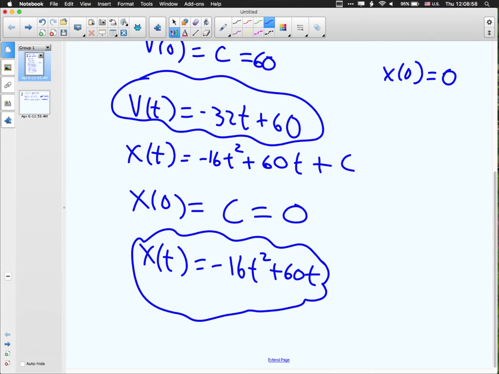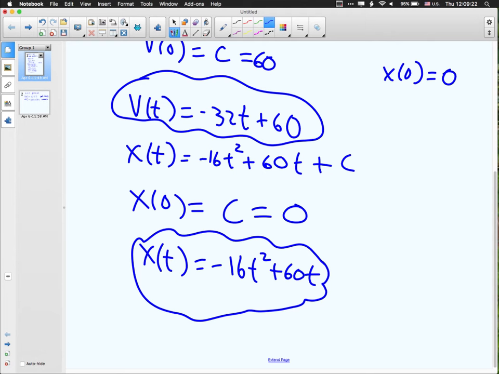What's the derivative of x of t? Yeah, it's the speed, the velocity. Or we could go ahead and just take the derivative again, either way. And then we set it equal to 0.